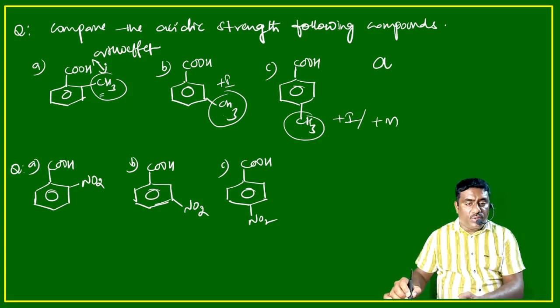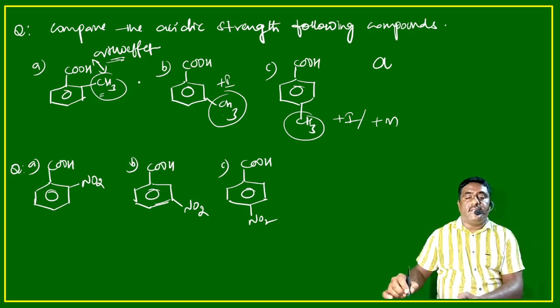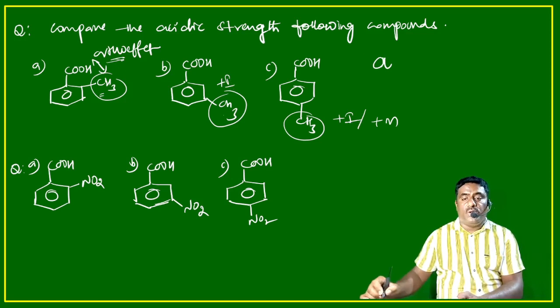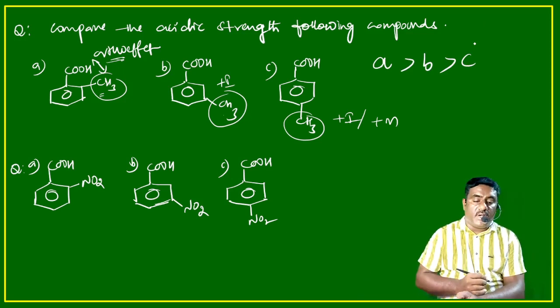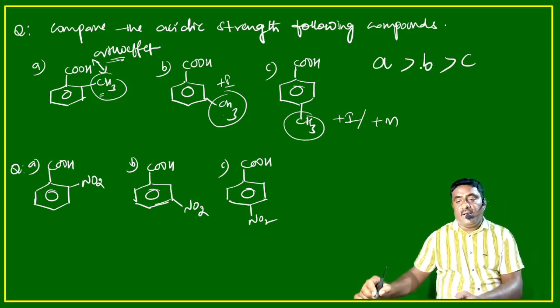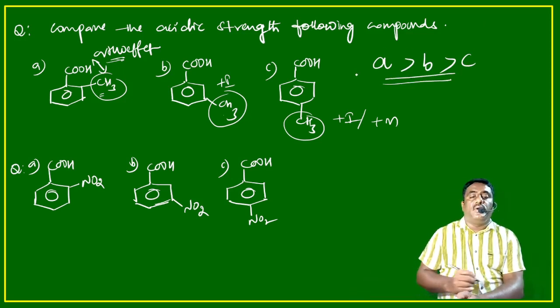So it is the ortho effect: the repulsion between COOH and CH3 makes it more acidic than the others. The meta position undergoes only the positive inductive effect, while the para position undergoes the positive inductive effect and the positive mesomeric effect. So A is greater than B, which is greater than C. This is the acidic strength order of the above compounds.